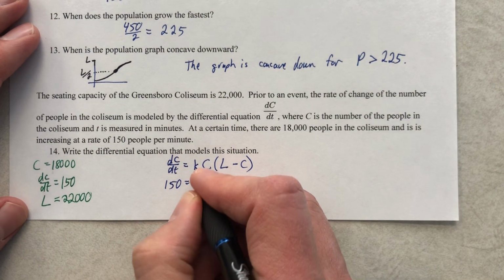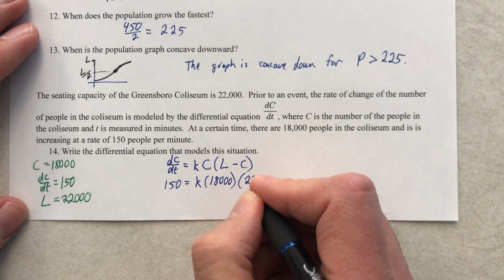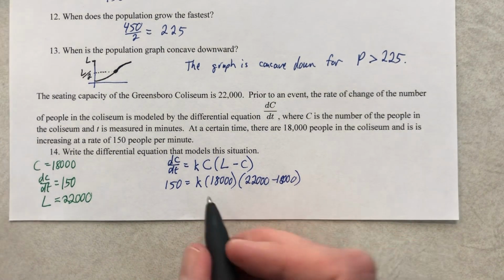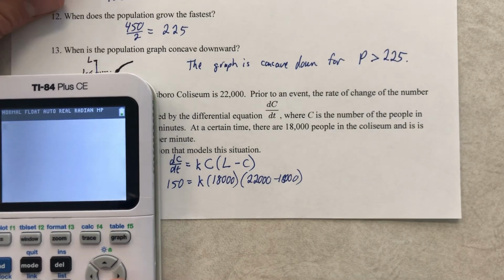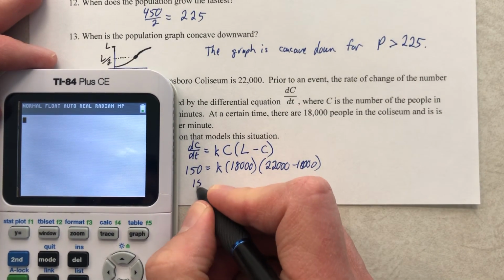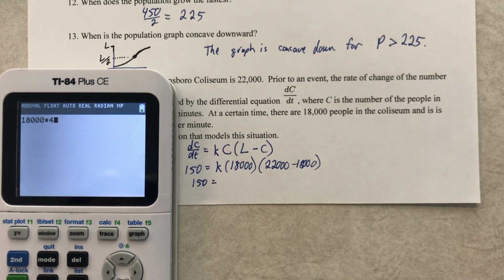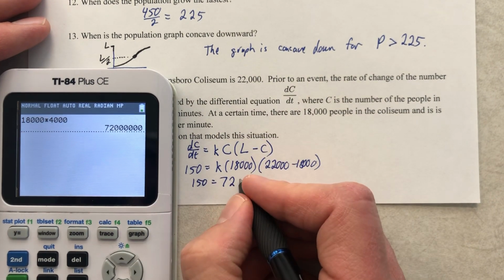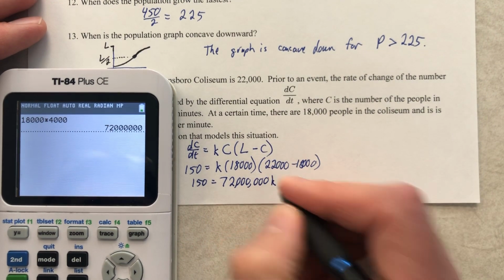150 equals k times 18,000, and then 22,000 minus 18,000, and that gives me 4,000, times 18,000, and then we have 150 divided by that massiveness, and it gets ridiculous, so just bear with me. Here we go. 150 equals 18,000 times 4,000, and that gives me 72 million, and that is multiplied by k.